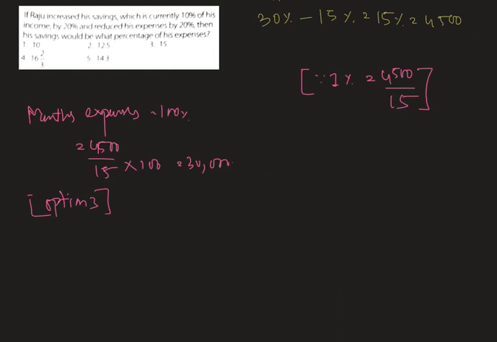Now let's come to the next question. If Raju increased his savings, which is currently 10% of his income, by 20% and reduced his expenses by 20%, then his saving would be what percentage of his expenses? Okay, so first of all assume that his monthly income be X rupees.